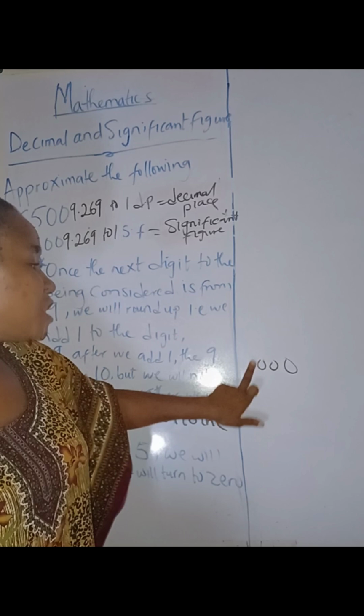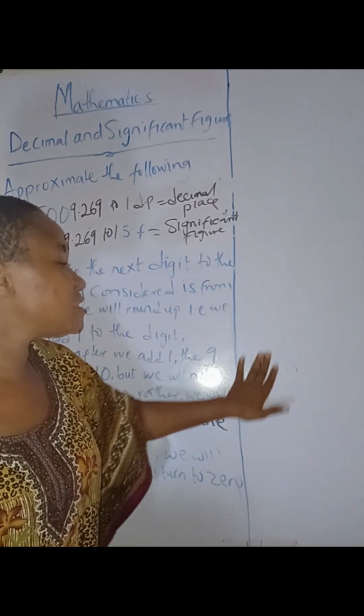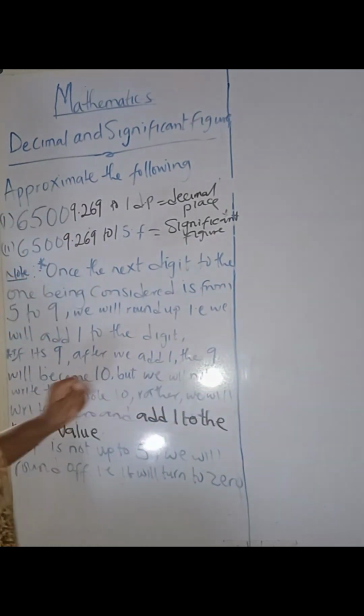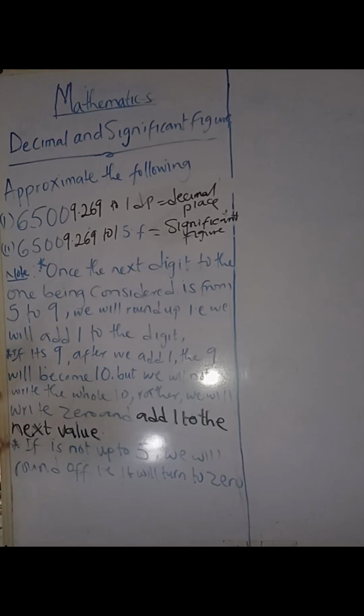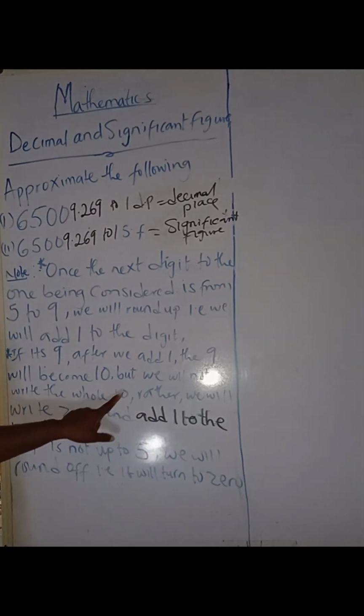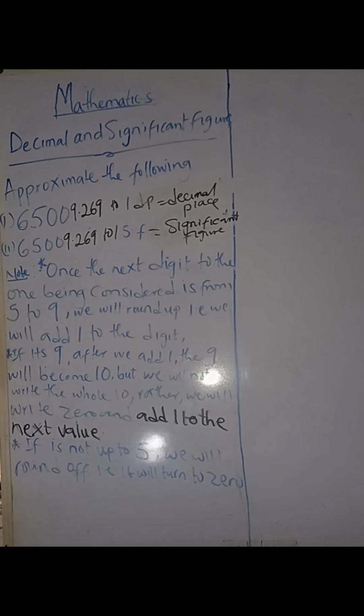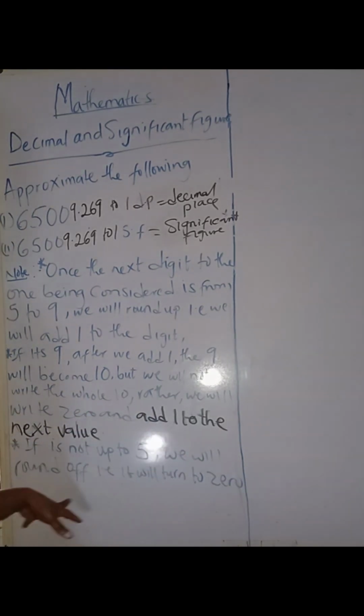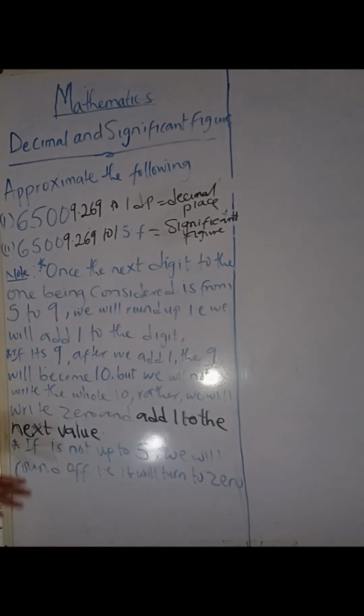So it is not allowed in this concept to write that 10. What you will do is write 0 and add the 1 to the next number. We are still going to solve examples pertaining to this. Then, if it is not up to 5, we will round down. So that is just the concept behind this topic. It is not difficult at all.